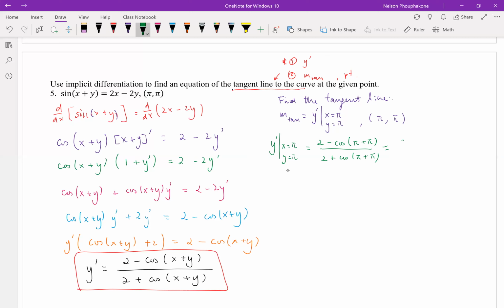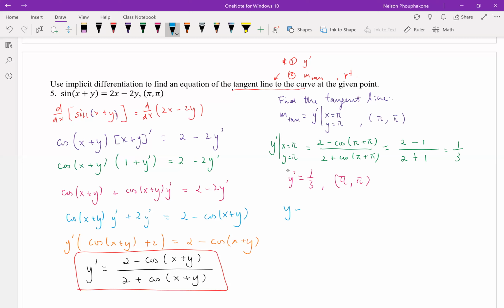Okay, so to this one, I will have 2 cosine of 2 pi, which is basically 1. So therefore, I have 1 over 3 now. Then y prime is 1 over 3 at the point (pi, pi).